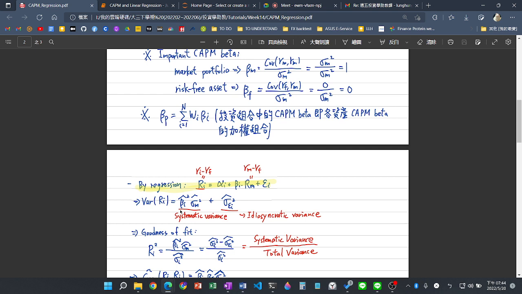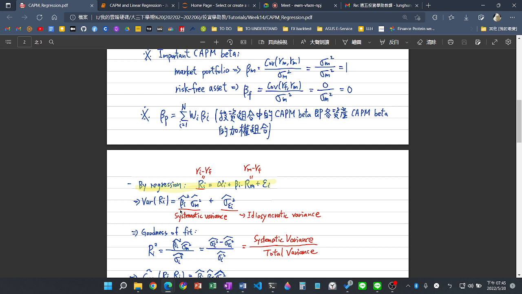The first part is influenced by the market variance, and this is why we call it systematic variance: once the market fluctuates, the variance of that stock will also fluctuate. So it is related to the market.